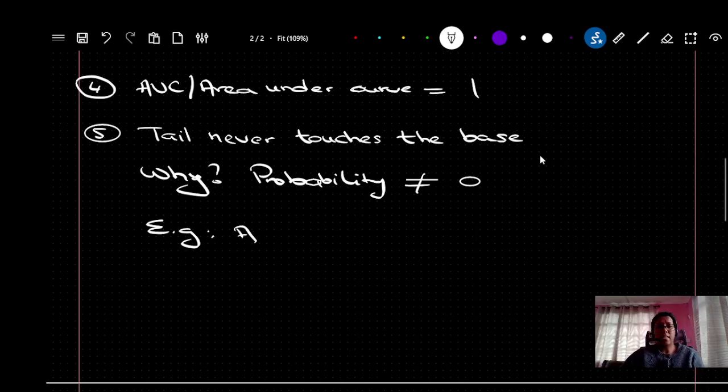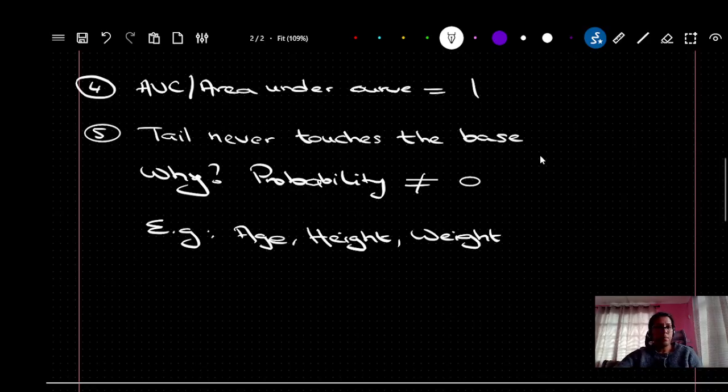So for example, age, height, and weight. As you see, it can never be 0.